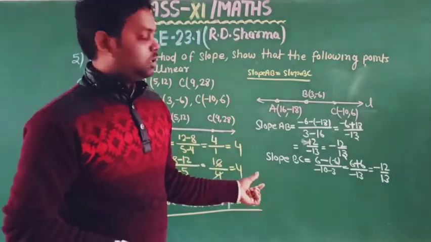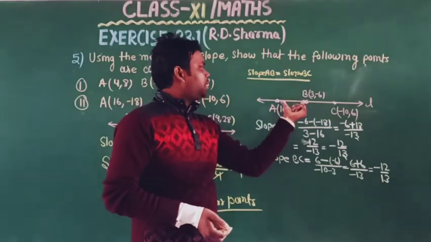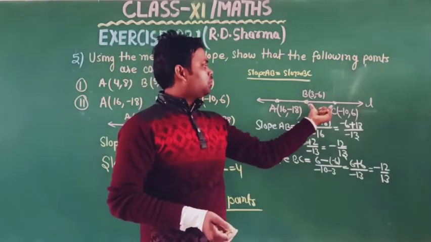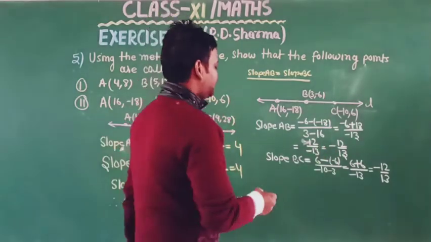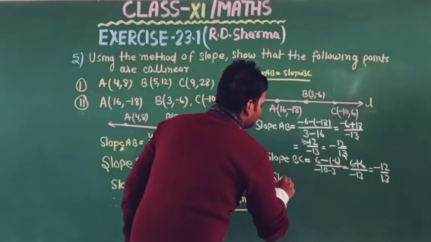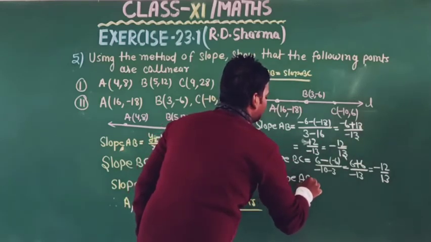So here we can see the slope of AB is equal to the slope of BC, which is equal to minus 12 by 13.